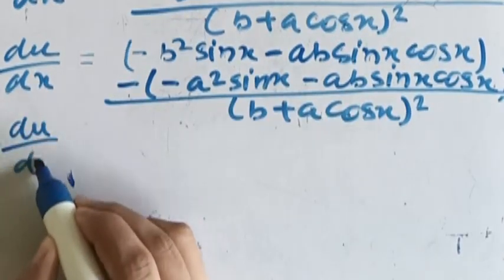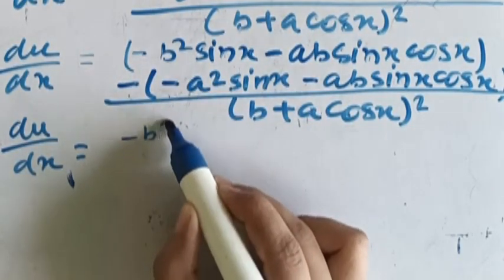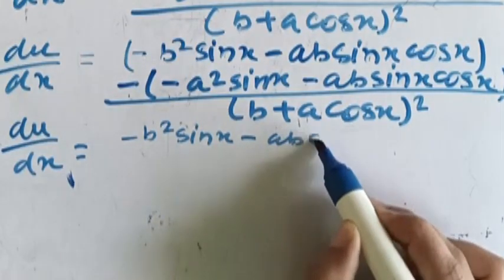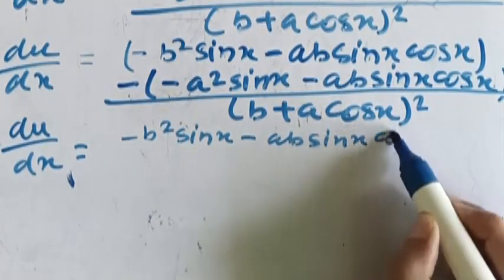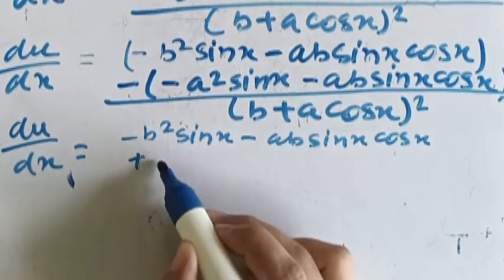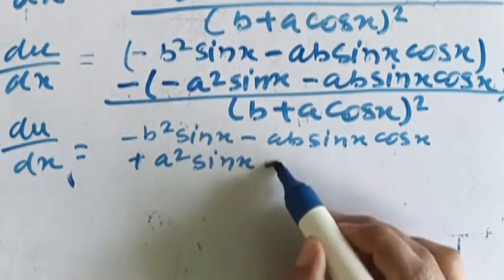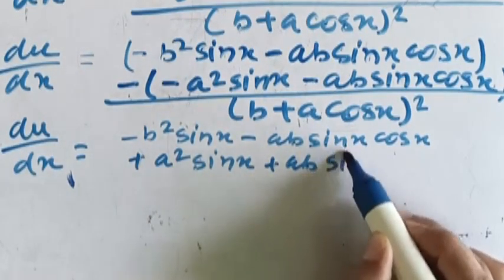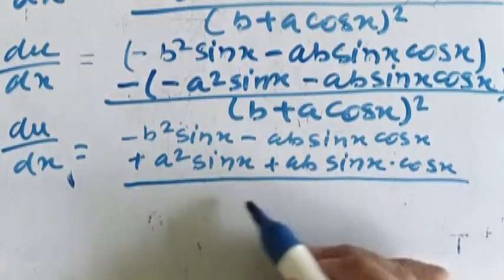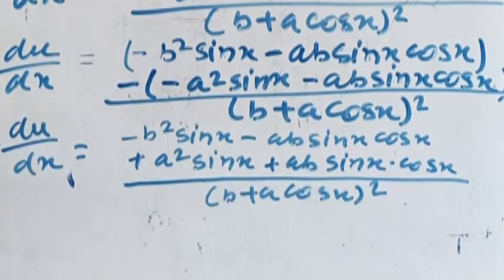du upon dx will be: now open all this, so it will become minus b square sin x minus ab sin x cos x. Minus and a minus will be plus, so it will become plus a square sin x, and plus ab sin x cos x, upon b plus a cos x whole square.